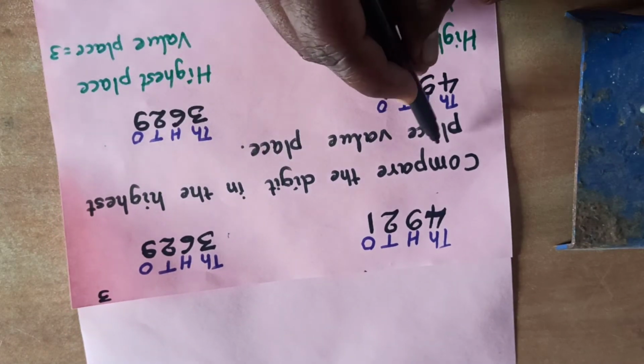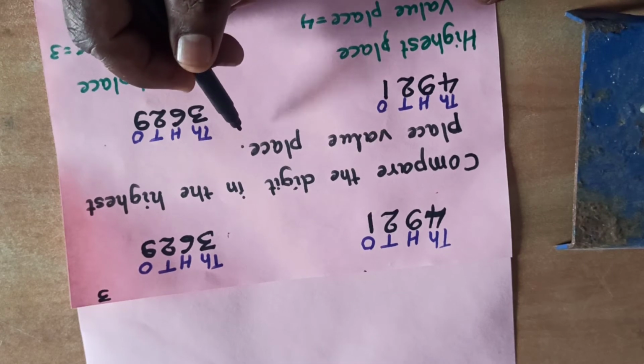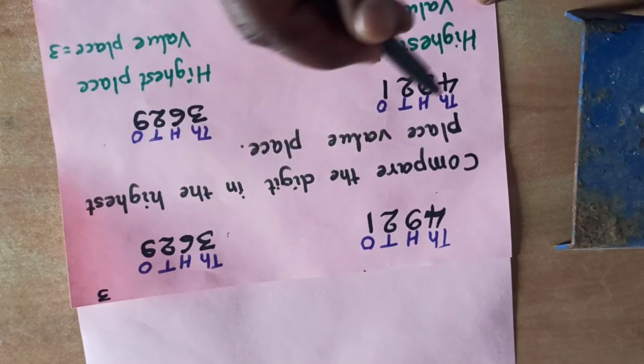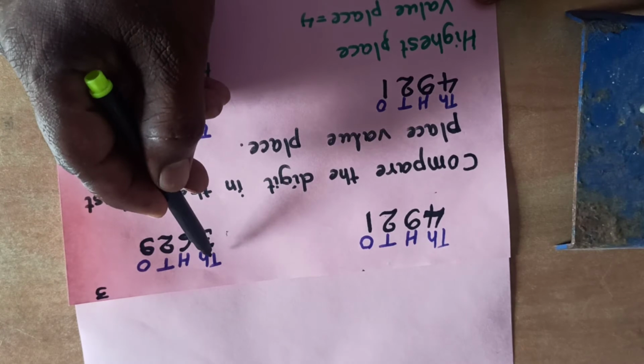Now compare the digit in the highest place. Both the numbers are in the thousands place.